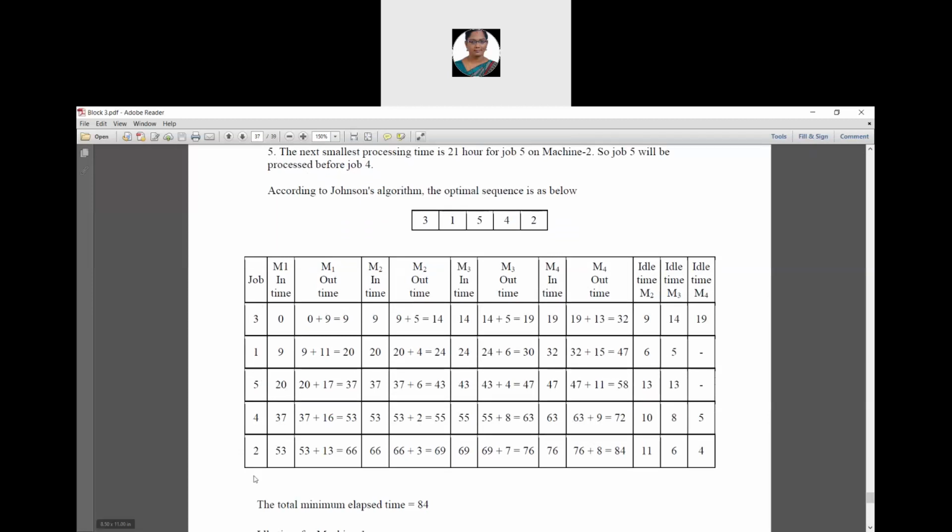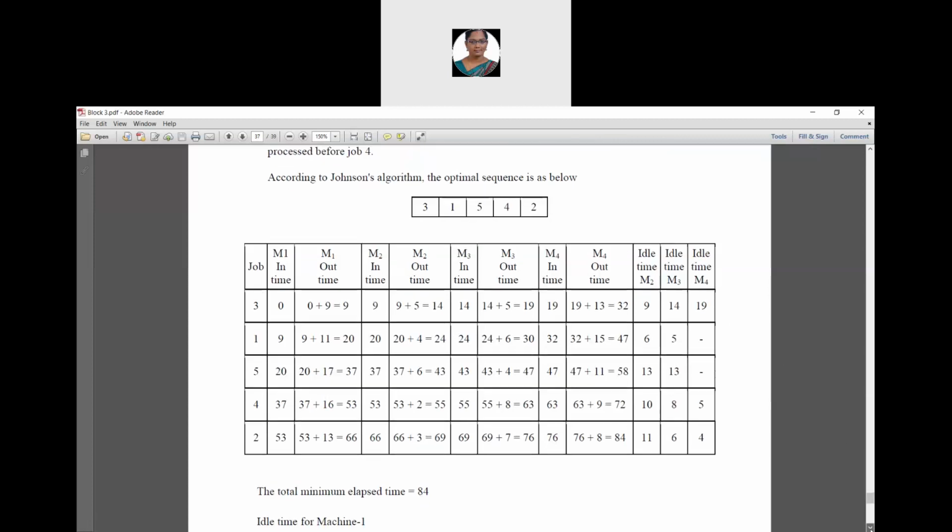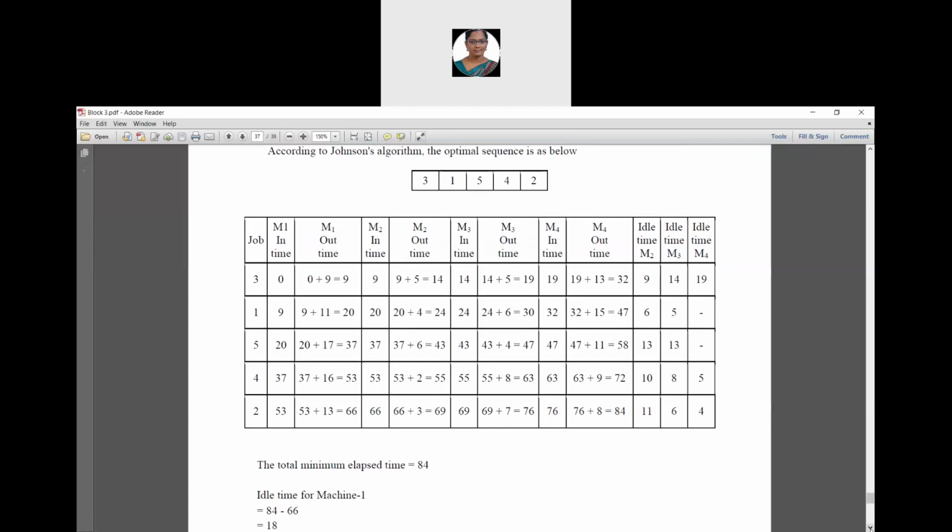After that, you have to find the in-out values for all the machines: machine 1, 2, 3, 4. Then after that, the total elapsed time is the last machine's last out value. It is 84.